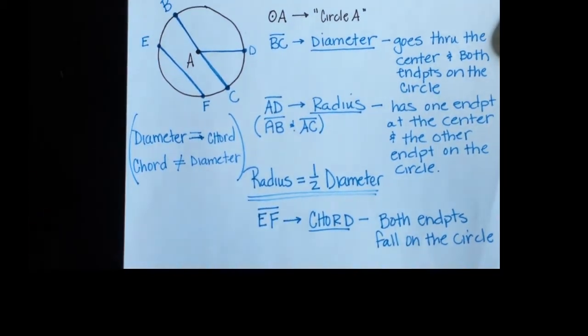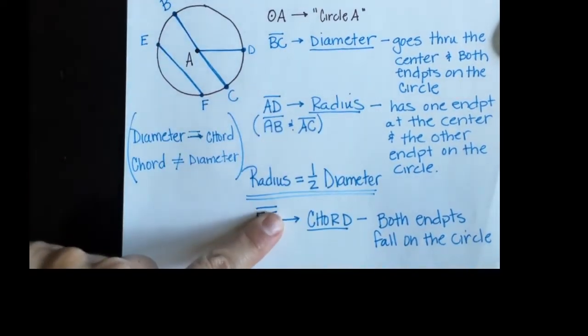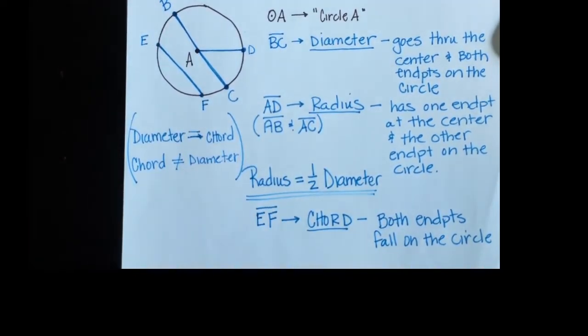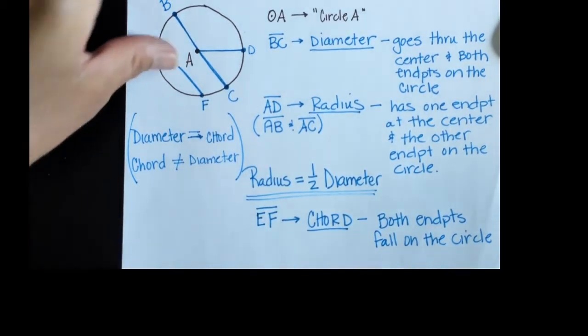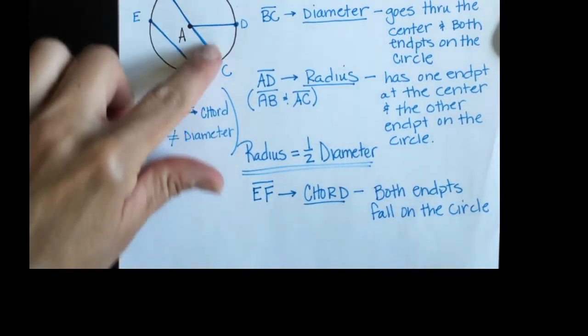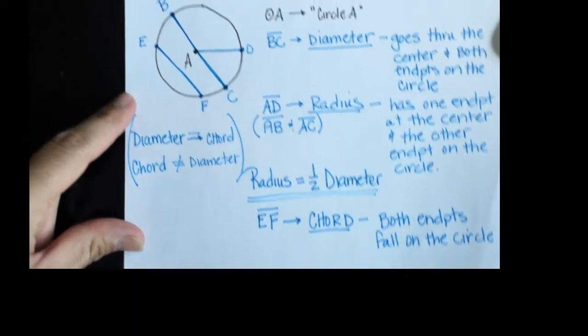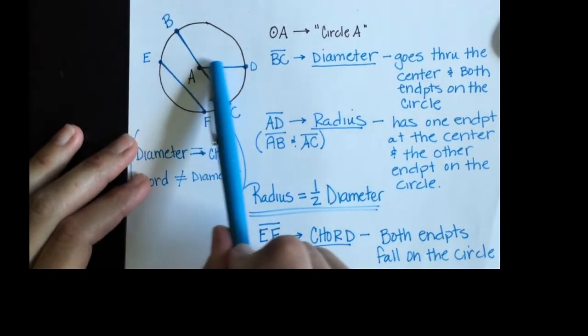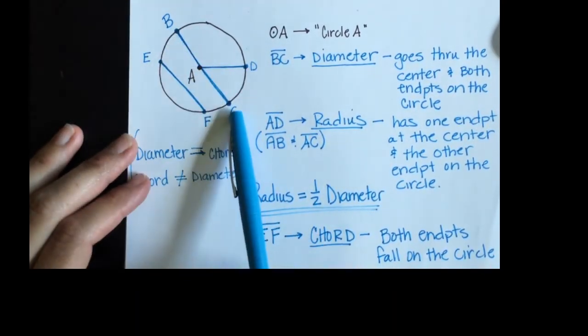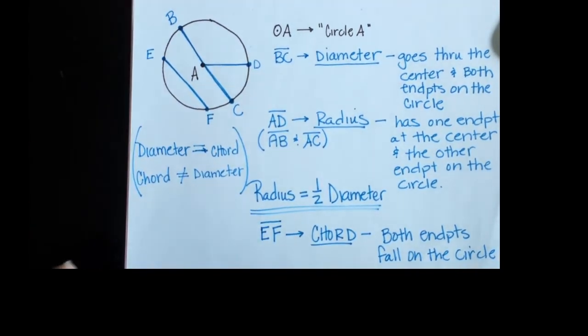So a couple things that we are going to then talk about with these segments to finish off today's lesson is how our diameter and radius affect chords if they would ever intersect. So you can see I drew my radius in this direction, my diameter in this one, and then I put the chord out of here so we could see them pretty clearly.